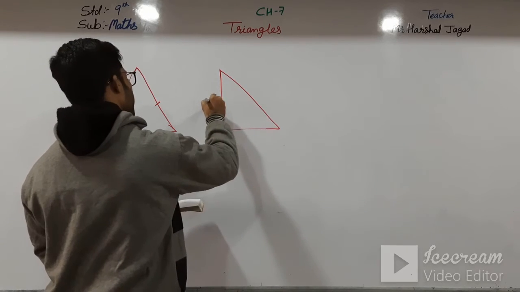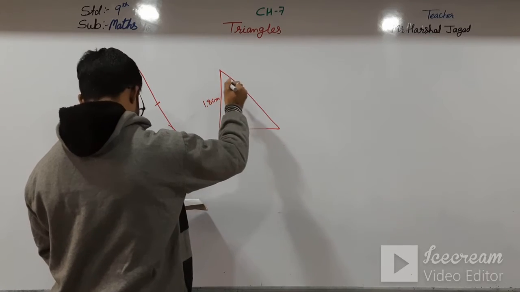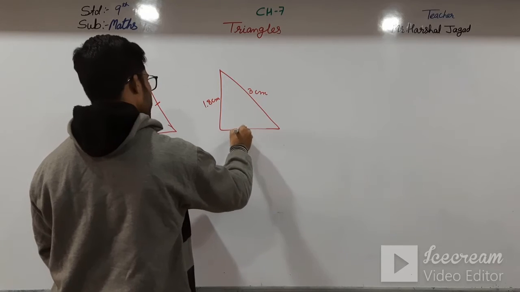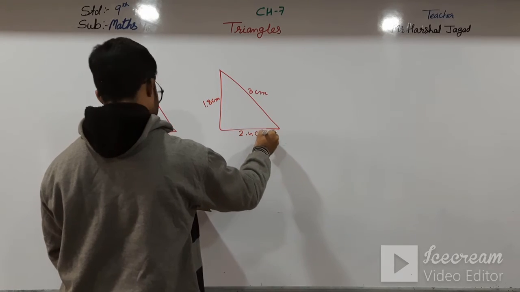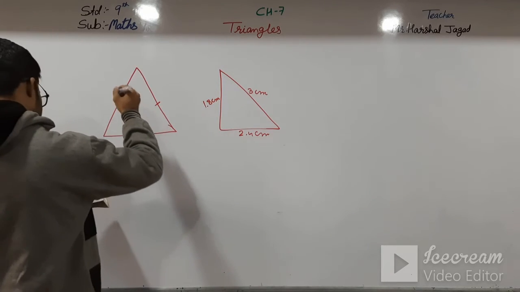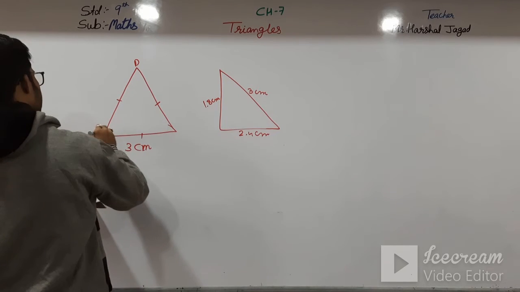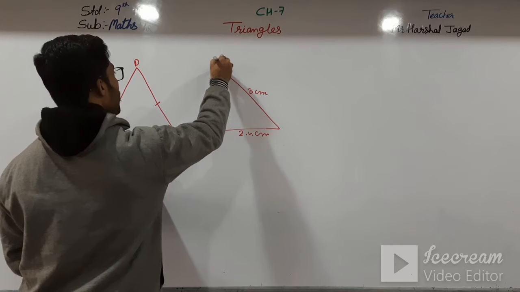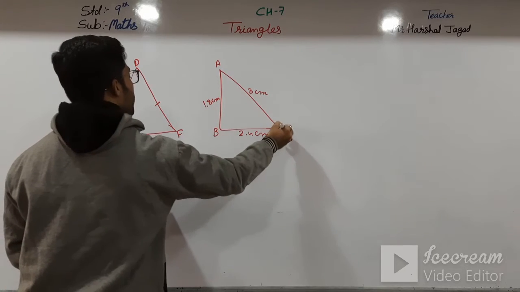Here it is 1.8 centimeter, here it is 3 centimeter, and here it is 2.4 centimeter. If I say this is D, E, F, and this is A, B, C.